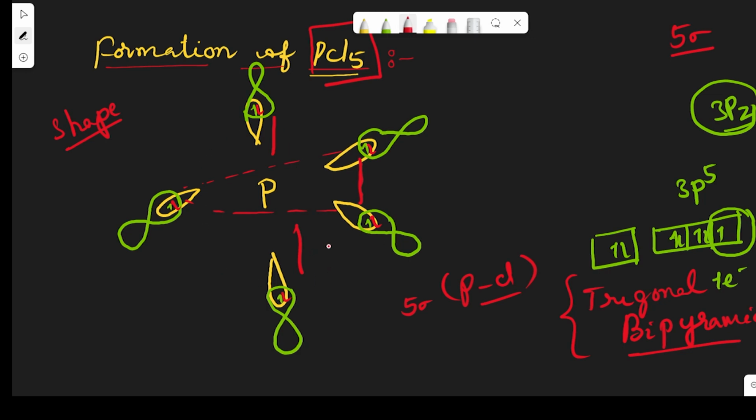In PCl5 there are two types of bond angles. There are two planes.